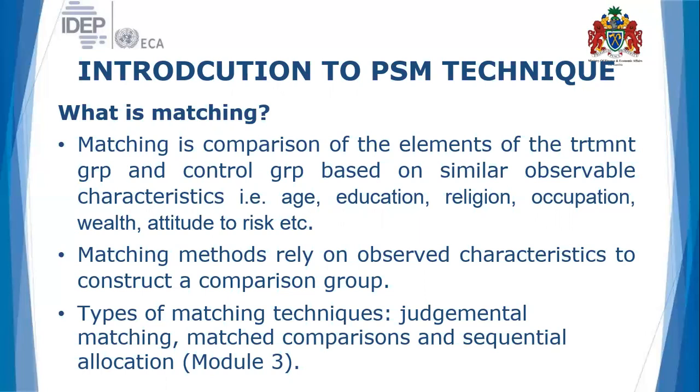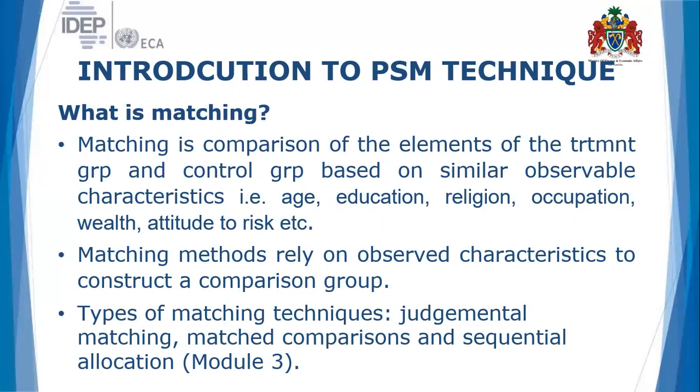So matching methods rely on observed characteristics to construct comparison groups. The key here is observed characteristics. In other words, what is not observed is not considered here.